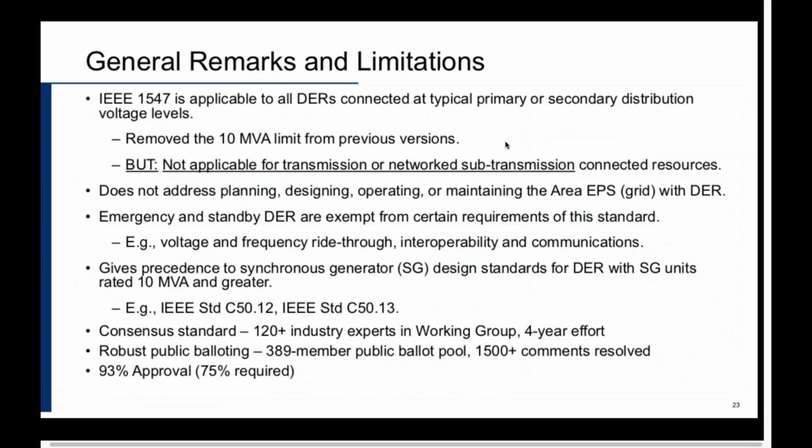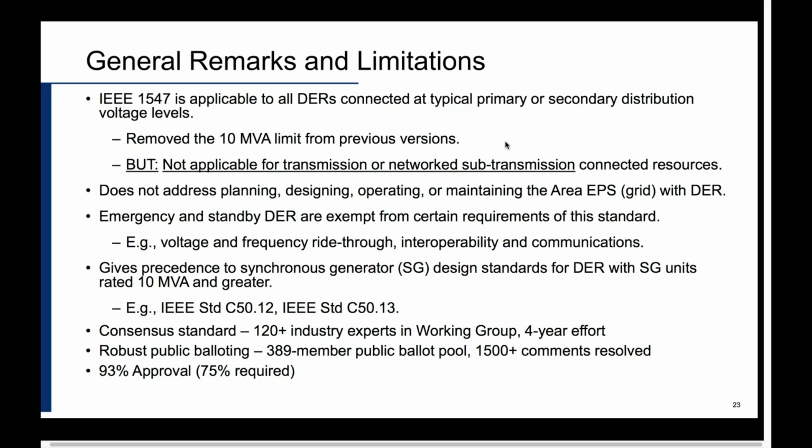It's all about what needs to be done. 1547, just to caveat, as I already have said, is only for those systems that connect at distribution level. There is no size limit. It can be as large as it can get, and a load.